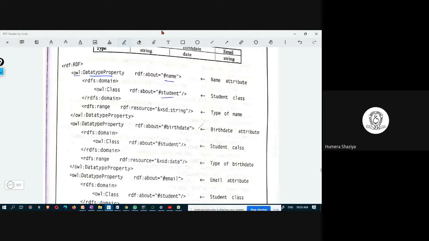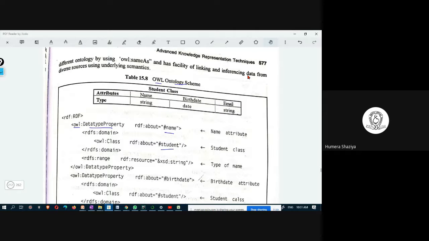Because this representation is all about students. It's not about faculty or any other resource. This is student class, so this name belongs to student class. That is shown here. The class of this name property is student class.